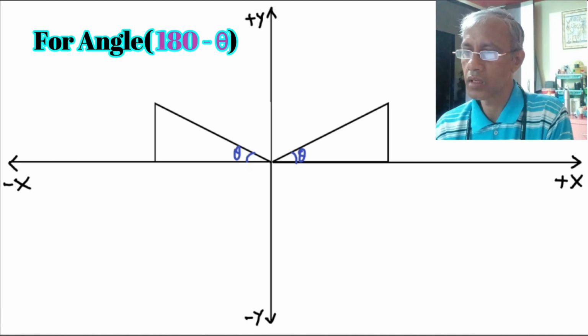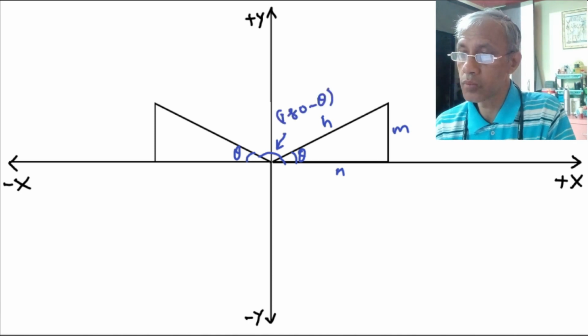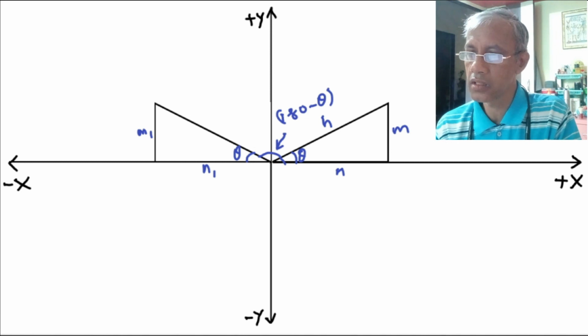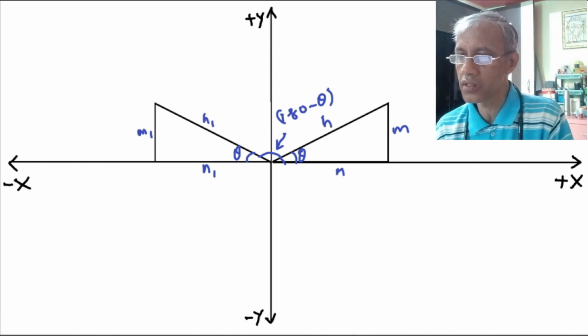Let's just name the sides M and H, and the angle here is 180 minus theta, and the proportional side of M is, let's say, M1. For N it is N1, and for H it is H1. Let's derive the formula for the sine function of 180 minus theta.